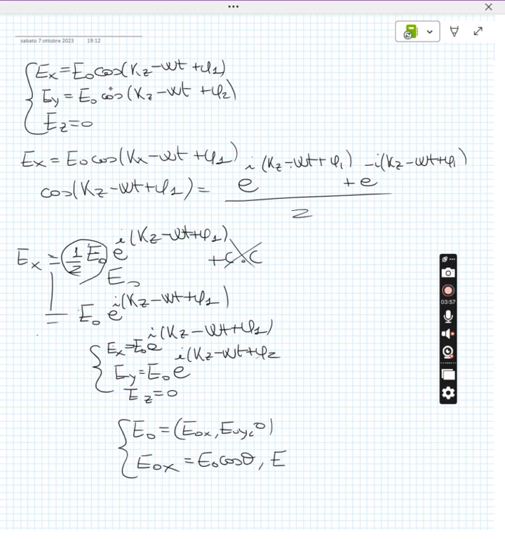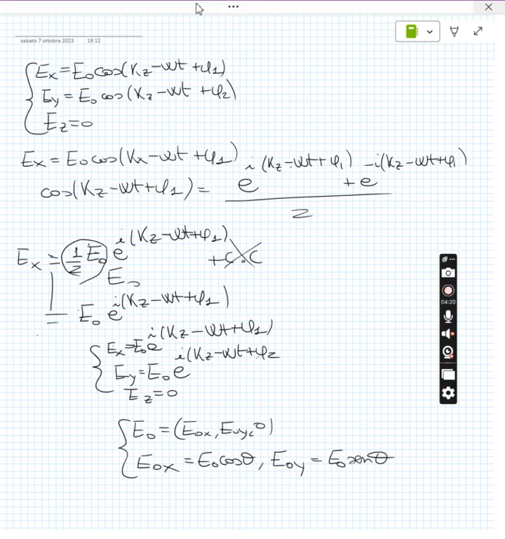So we have all the equations we need to describe the electric field associated with the electromagnetic wave.